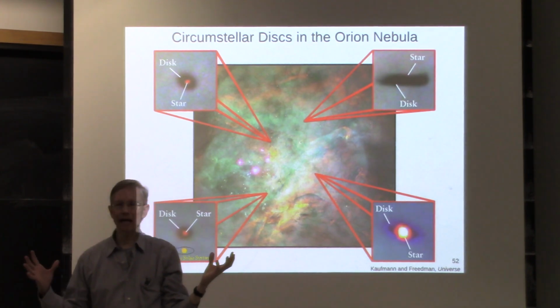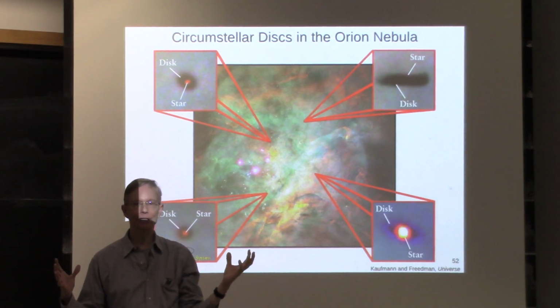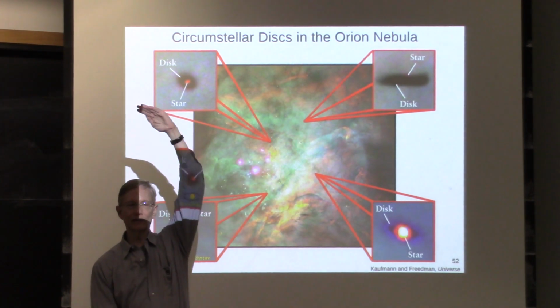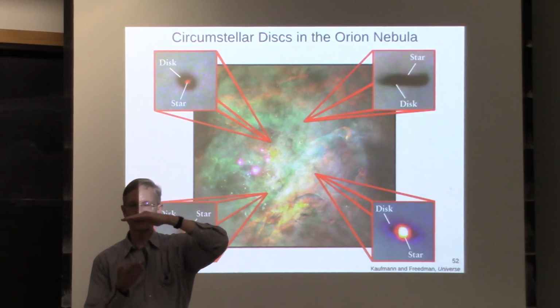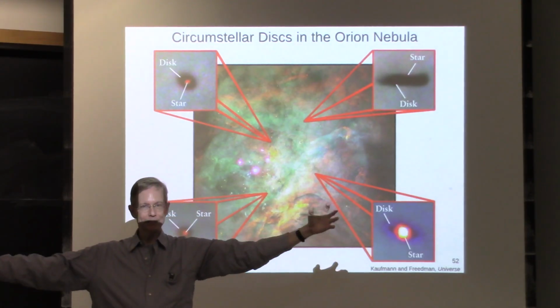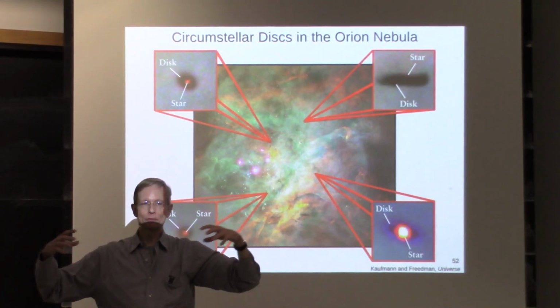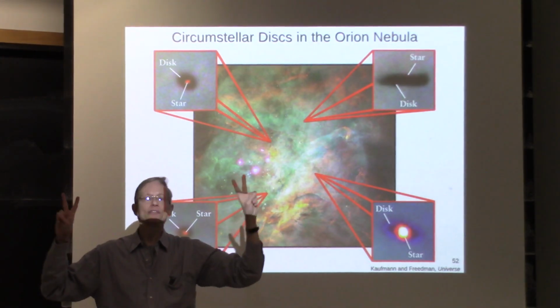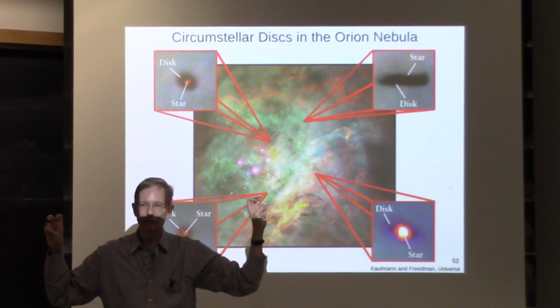That's true for a collapsing interstellar cloud as well. It's easier for material to collapse along the axis of rotation than it is perpendicular to the axis of rotation, essentially because of quote-unquote centrifugal force, if you will.